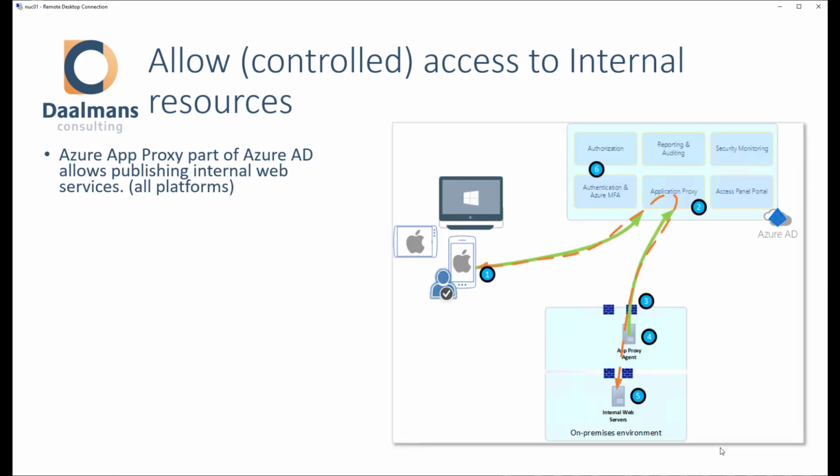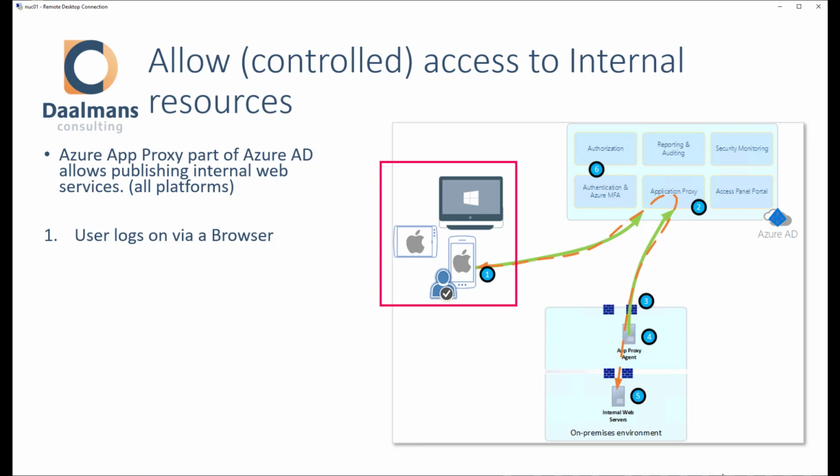A second option, which is there already for a long time, is by using the Azure App Proxy. And with the use of the Azure AD App Proxy, we install an agent which we connect to Azure, and over that agent we can publish internal resources. So in short, how does this work?